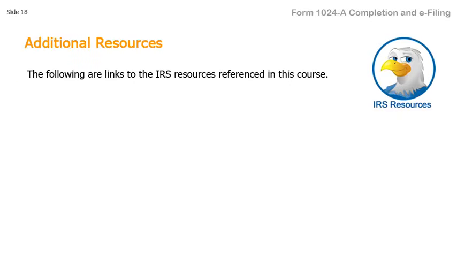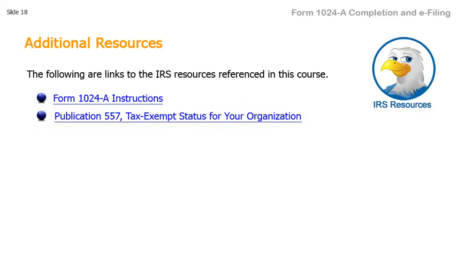Before we go, we want to leave you with more information on the requirements and the application process for Section 501(c)(4) tax-exempt status. First, the instructions for Form 1024-A provide a general overview of Section 501(c)(4) status and detailed instructions for completing the application.